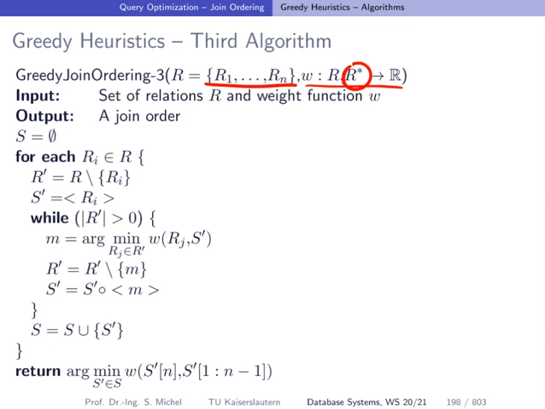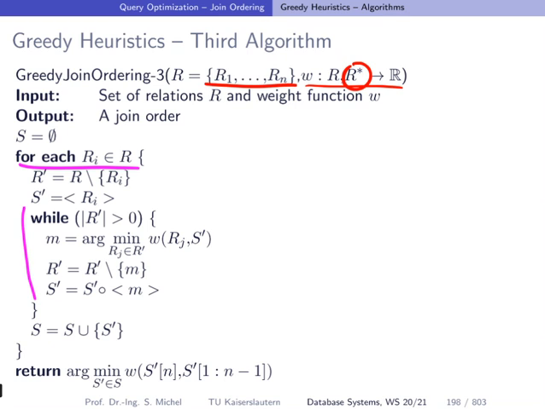And now, what I just said, the idea coming from greedy 2 to greedy 3 is that we now vary the starting relation. And how do we do this? Here we have a for loop which allows every relation Ri to be, for one run, the starting relation.